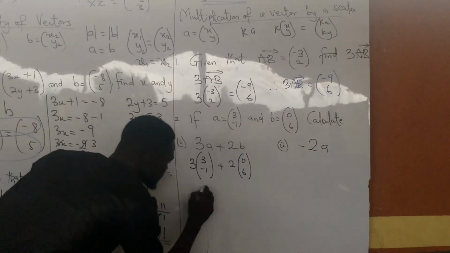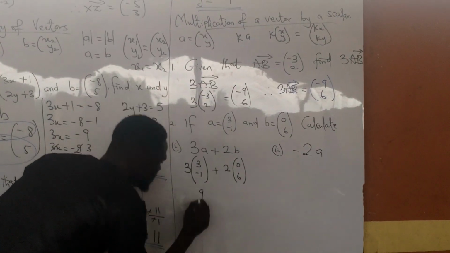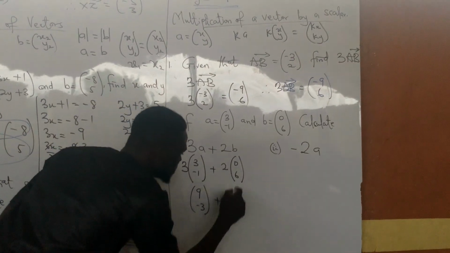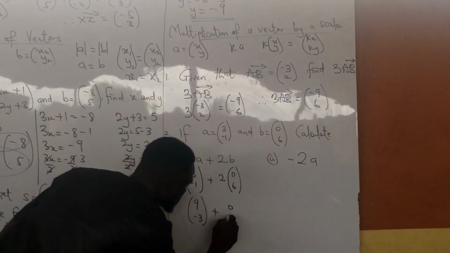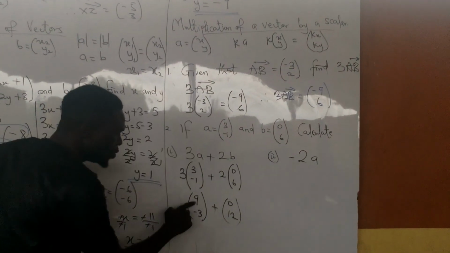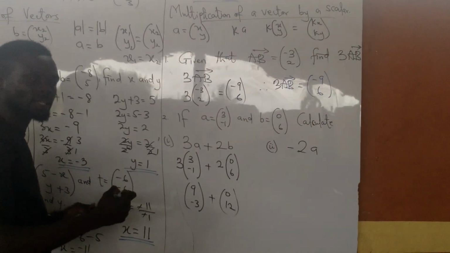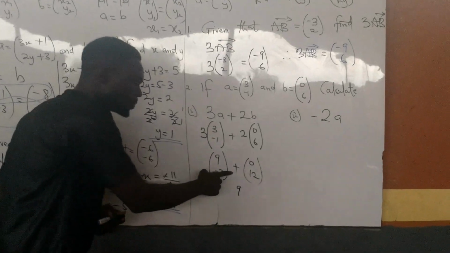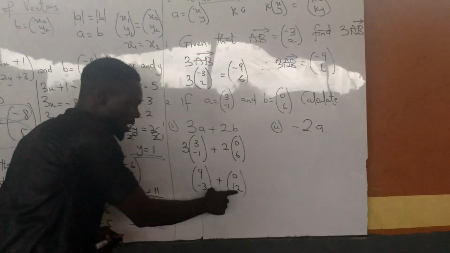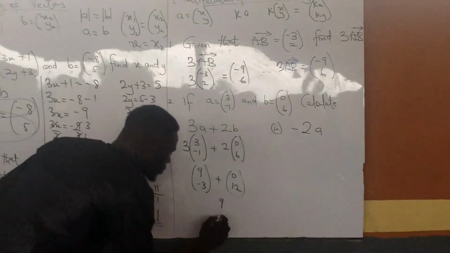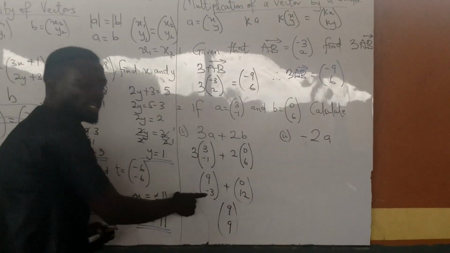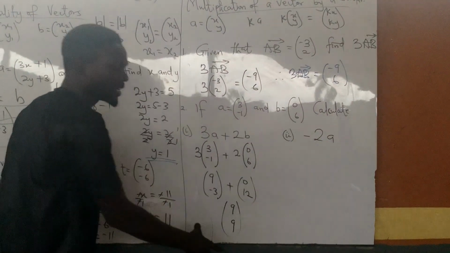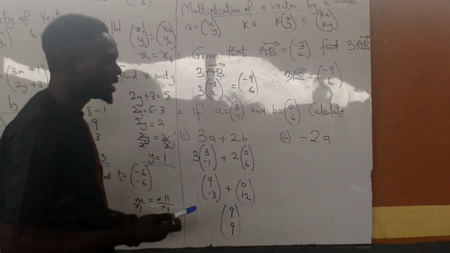So 3, 3, 9. 3 times negative 1, negative 3. Plus 2 times 0 is 0. 2 times 6 is 12. Then you add, which is addition of vectors. 9 plus 0 is 9. Negative 3 plus 12 will give you 9. Because you owe 3, you settle, you have 9 left. So this is addition of vectors, which has also been discussed earlier on.